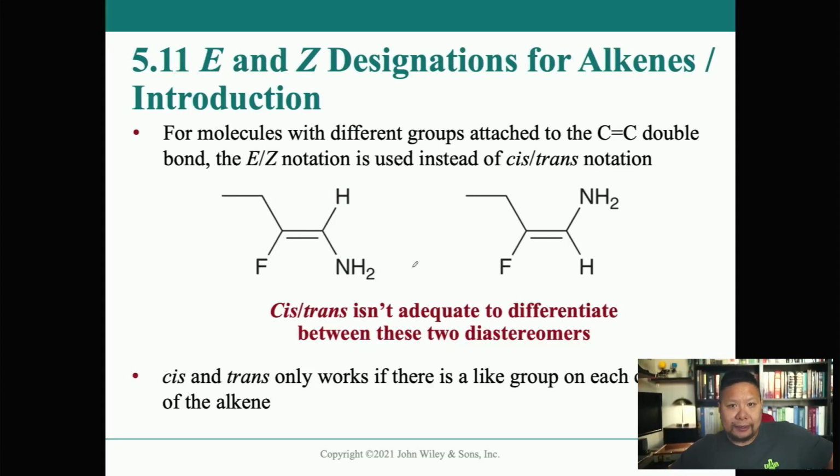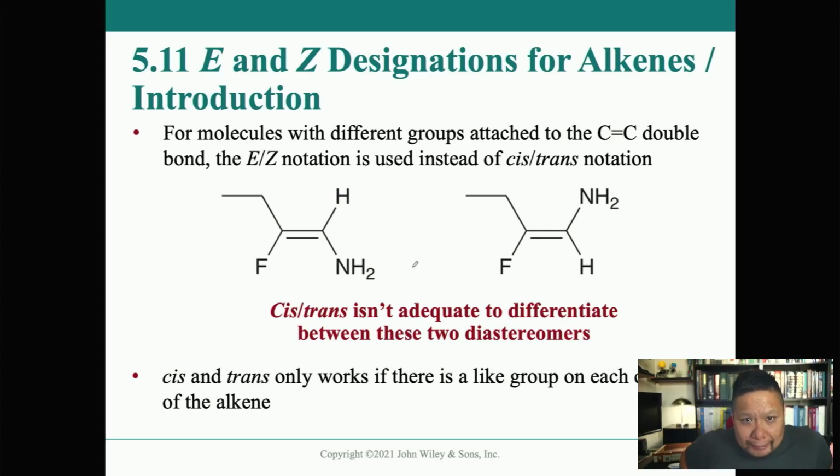Okay, so it turns out that having cis and trans isn't quite adequate to differentiate two diastereomers that have different groups. Remember before, we had cis and trans because on either side of the alkene's double bond, on the same side, it was a methyl group, and those are identical.